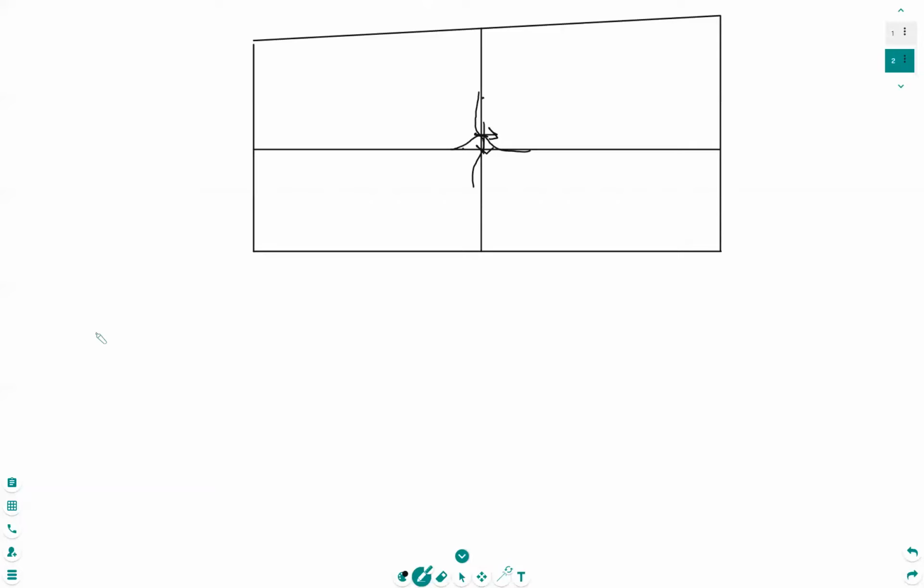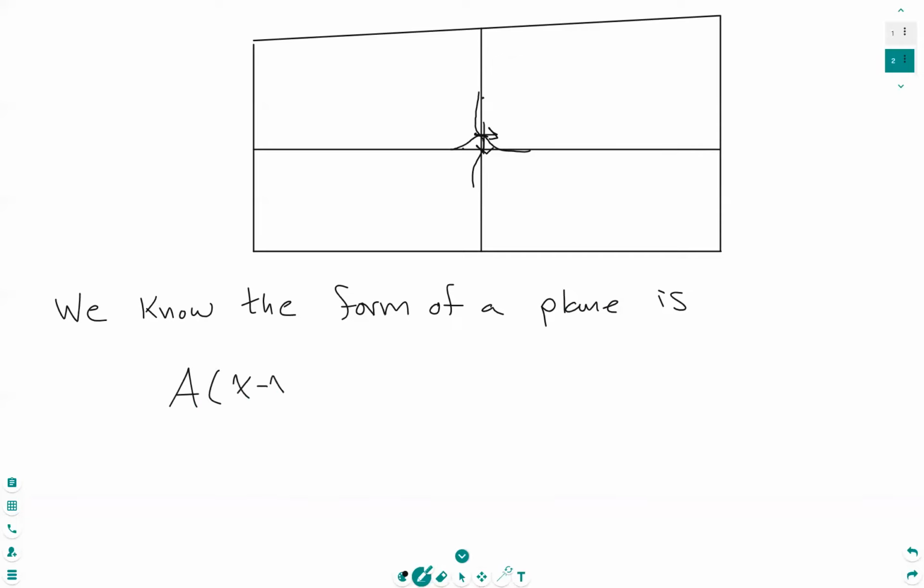Okay, so how do we find this plane? We know the form of a plane is A times x minus x naught plus B times y minus y naught plus C times z minus z naught equals 0.